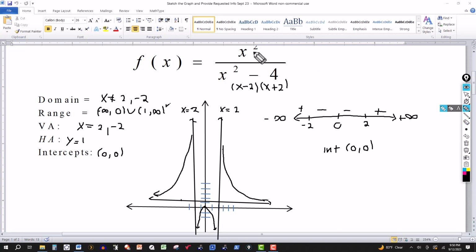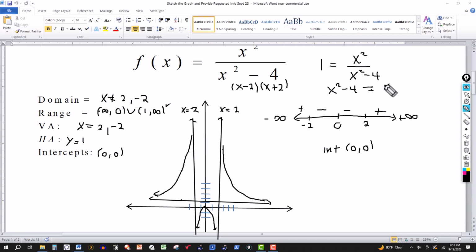We got x squared over x squared minus 4. If the graph crosses the horizontal, then you should have a solution to this, y equal to x squared over x squared minus 4. You should have a solution to that equation. So do we have one? Well, let's multiply both sides by x squared minus 4. On this side, the x squared minus 4 cancels.